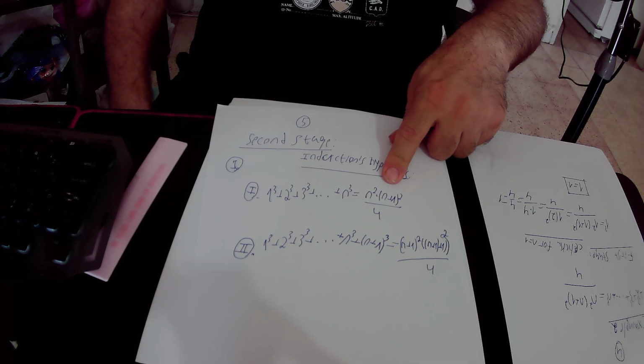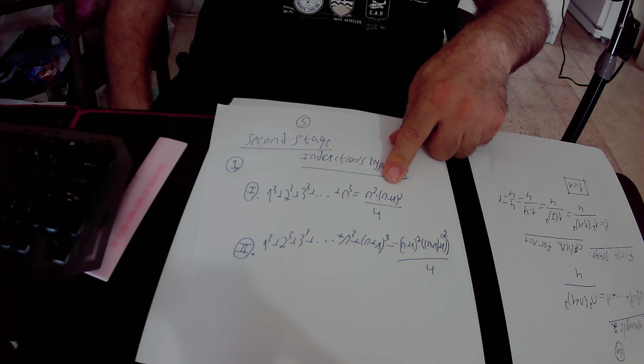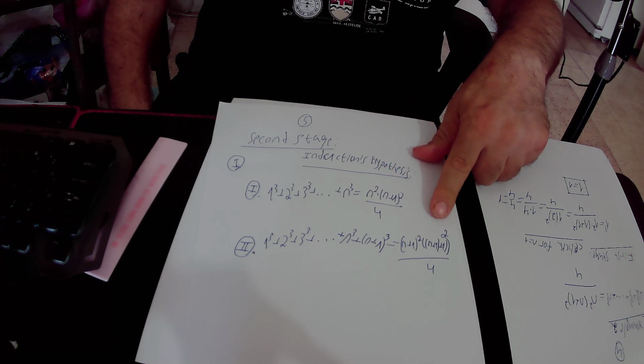And again we substituted n by n plus 1, so instead of n plus 1 square, it will be n plus 1 plus 1 square. Okay?